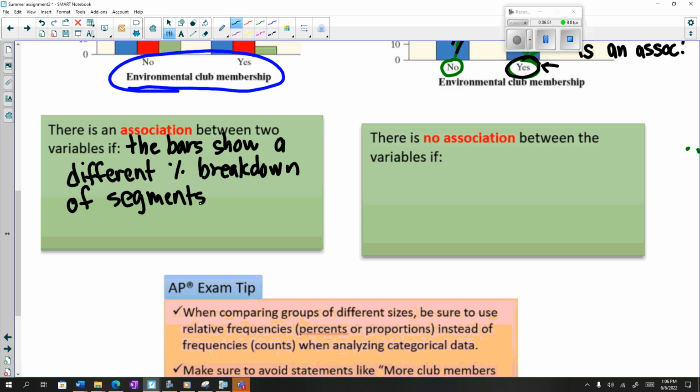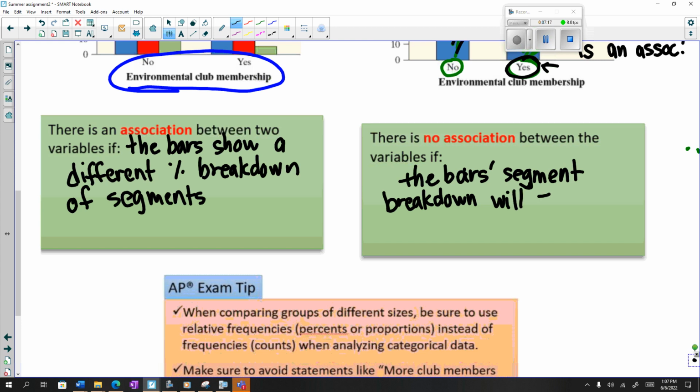However, if there is no association between the two variables, the bars will look exactly the same. And the segment breakdown will look perfectly equal across the bars.